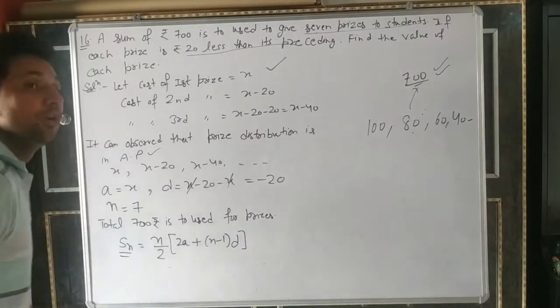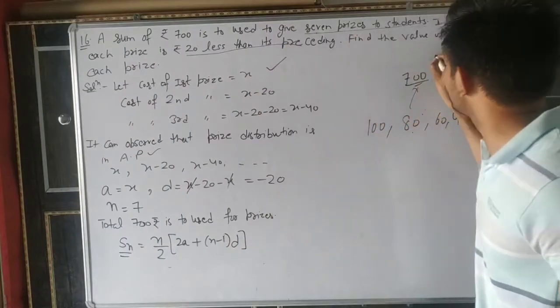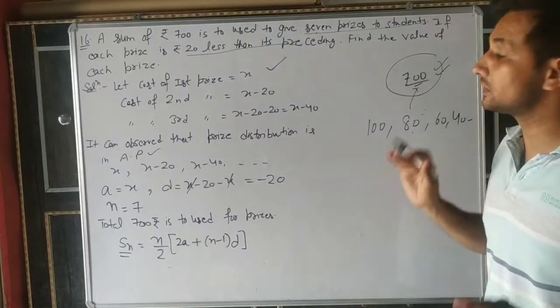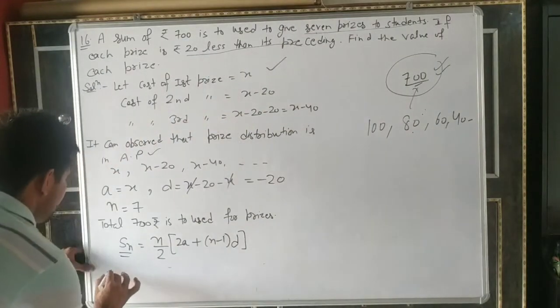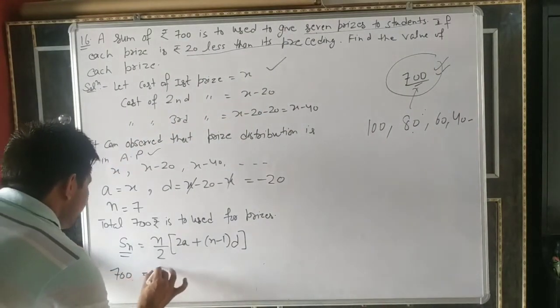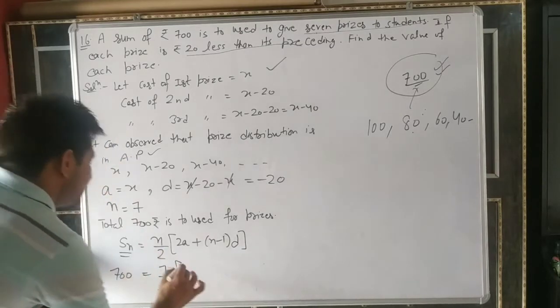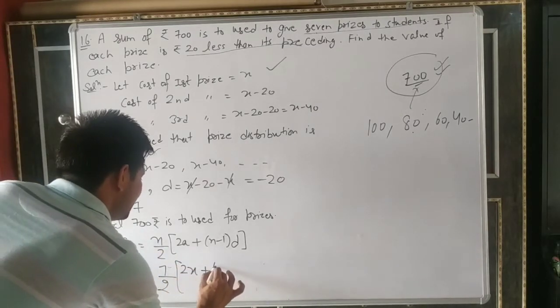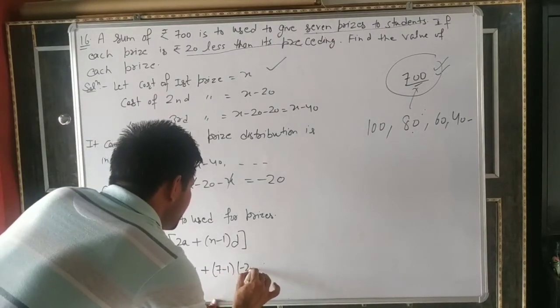Also SN means the sum of all terms, and how many rupees do you want to distribute? 700 rupees. It means the sum of all 7 prizes is 700. So 700 equals 7 upon 2, into 2 into A, where A is X, plus N, 7 minus 1, into D, which is minus 20.